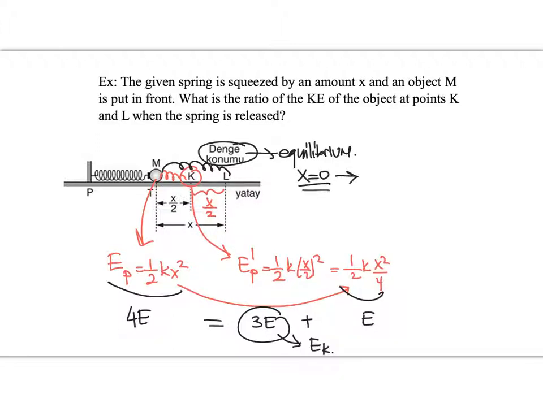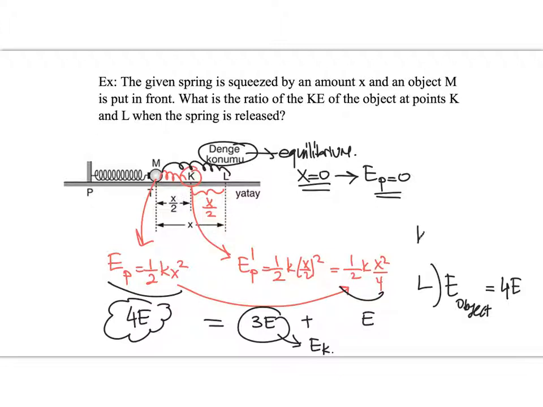If there is no stretch, there is no deposited potential energy. So all of the elastic potential energy is transferred to the object. So at point L, the object will have all the energy of the spring, which is equal to 4E. At position K, we have said that 3E goes to the object, so it has the ratio equal to 3 over 4.